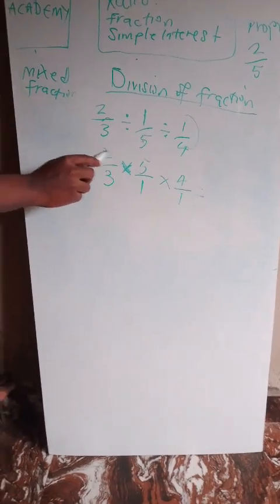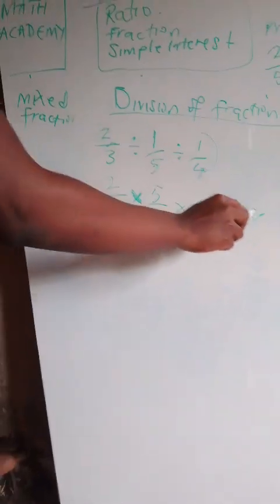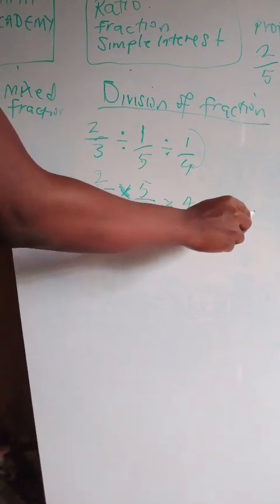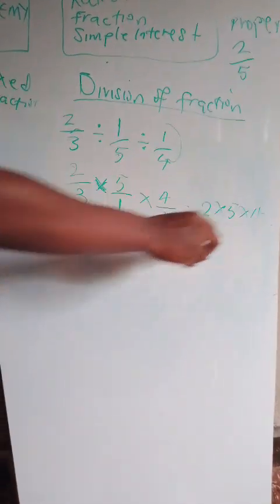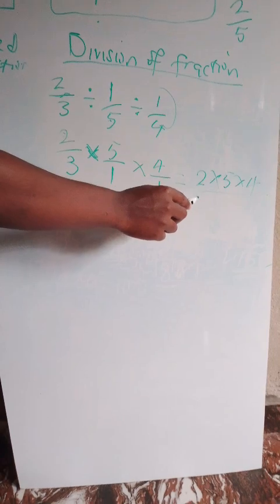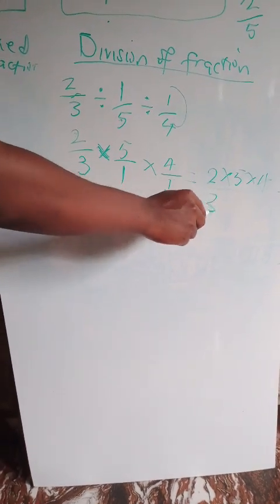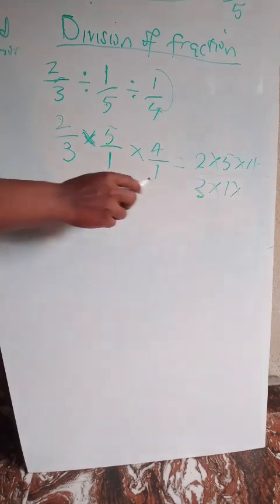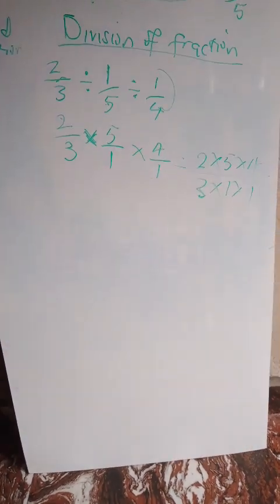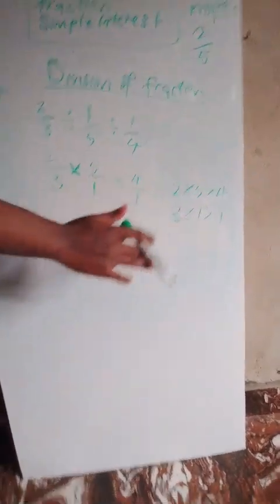So 2 is here, 5 is here, 4 is here. Then we come to the down part, 3 is here, 1 is here, 1 is here. So in this case now we're going to multiply them together.